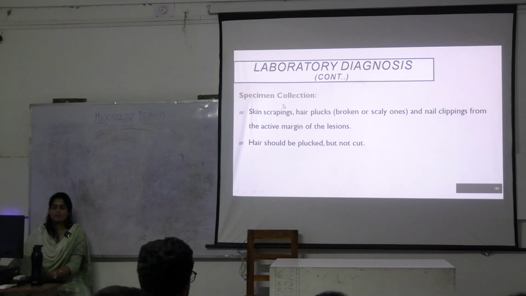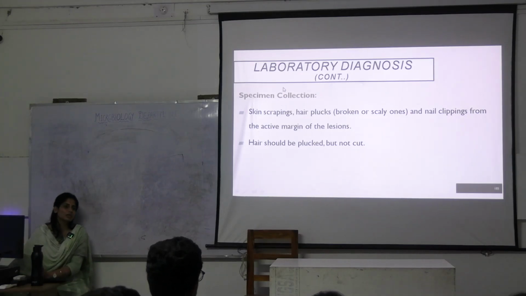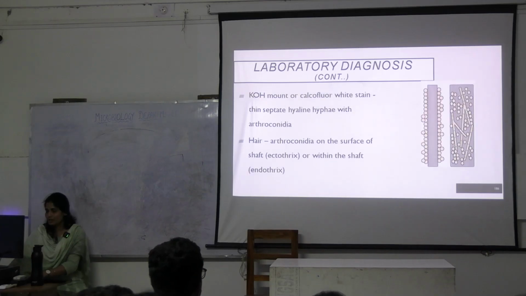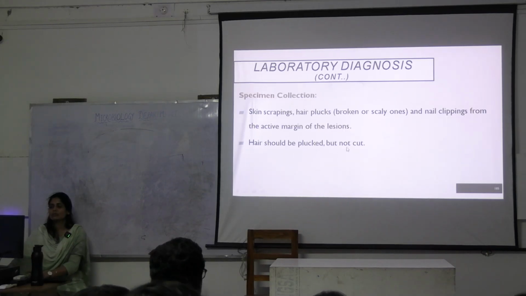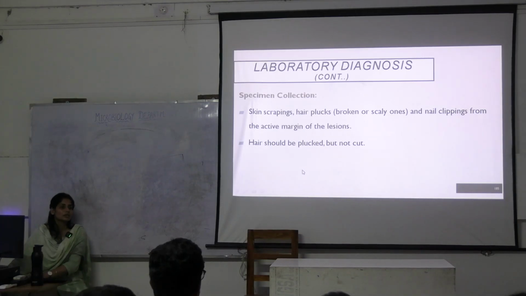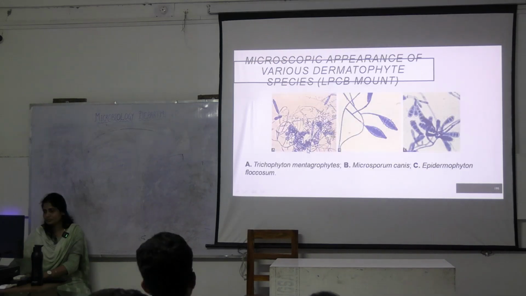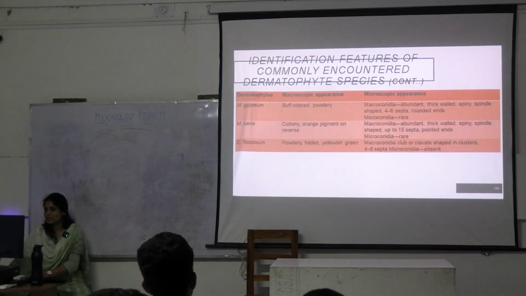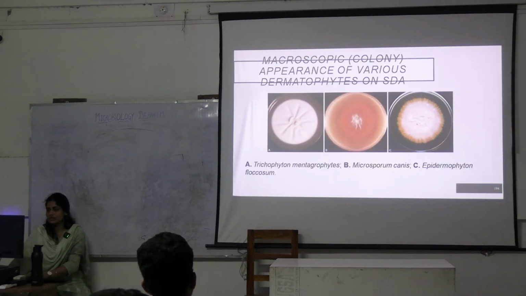Okay. For specimen collection, you will take the part that is affected, skin, nail or hair. And hair should be plucked but not cut. Why are you plucking it? Because the skin is also getting affected, right? And it will help you with the differentiation. You have been taught the basic diagnosis of the fungus.